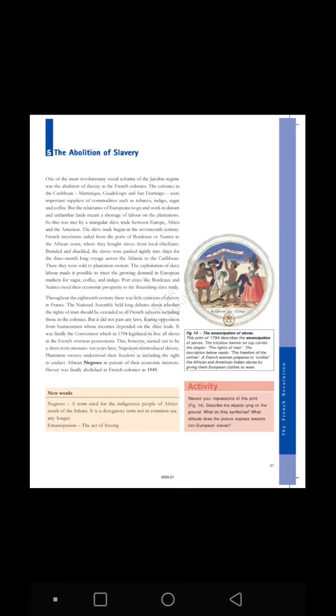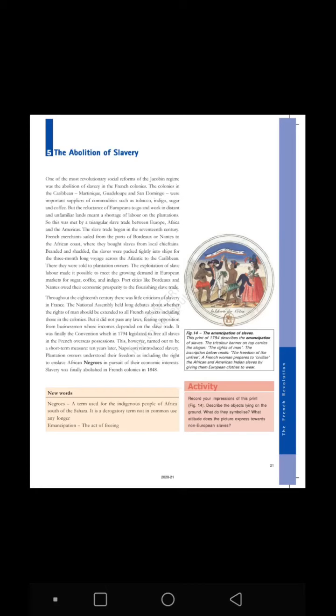There they were sold to plantation owners. The exploitation of slave labor made it possible to meet the growing demand in European markets for sugar, coffee, and indigo. Port cities like Bordeaux and Nantes owed their economic prosperity to the flourishing slave trade.